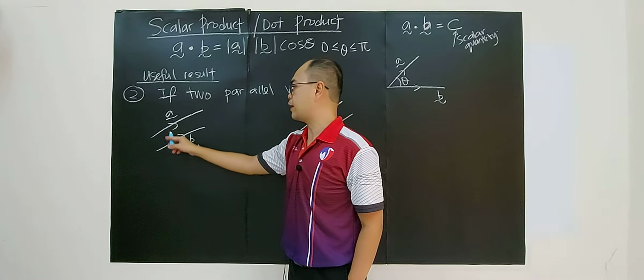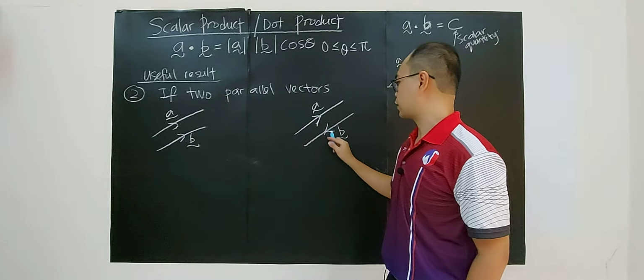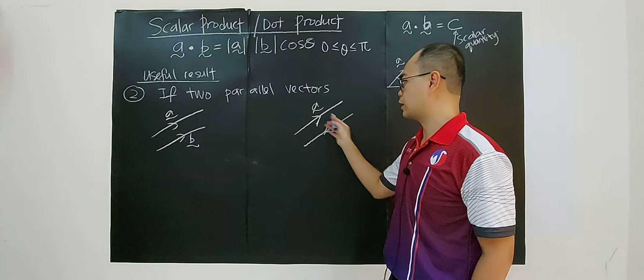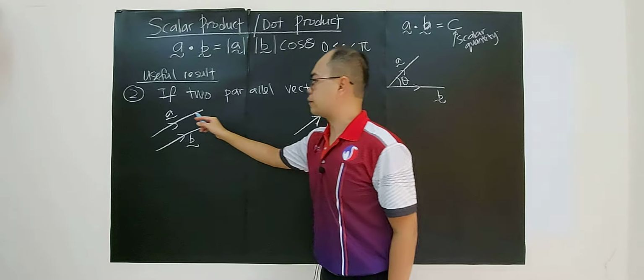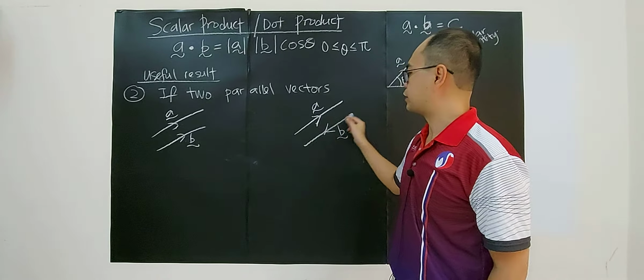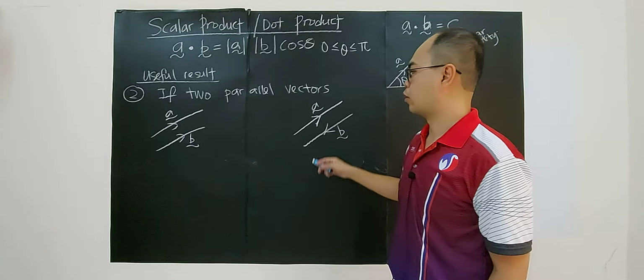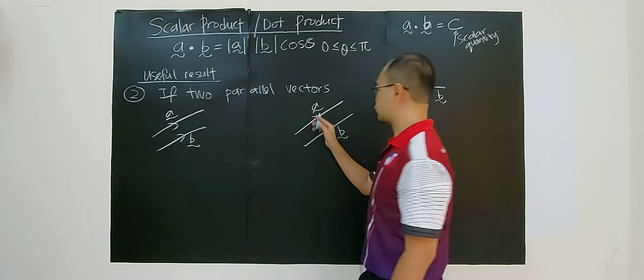I repeat: these are both pairs of parallel vectors, but one has the same direction and the other has opposite direction, or anti-direction. B is the anti-direction of A.